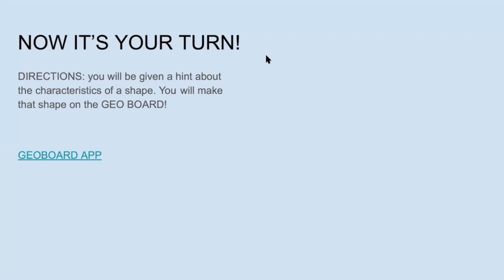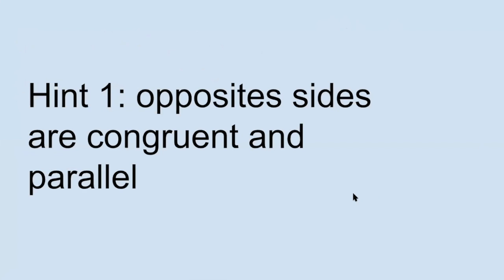What you're going to try to do is make that shape on the geoboard using the bands. So for example, we'll do the first one together. My first hint is: opposite sides are congruent. Remember what congruent means? The same or equal. And parallel.